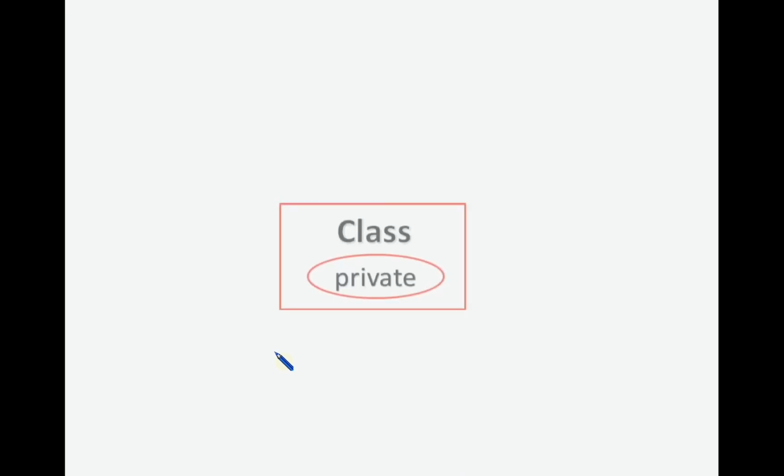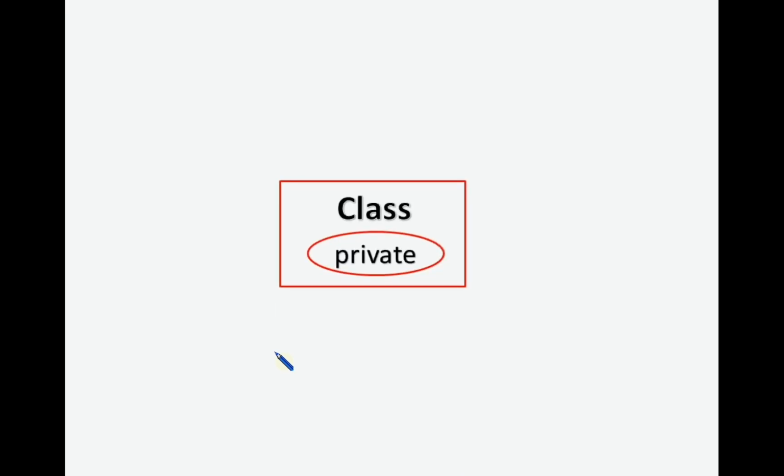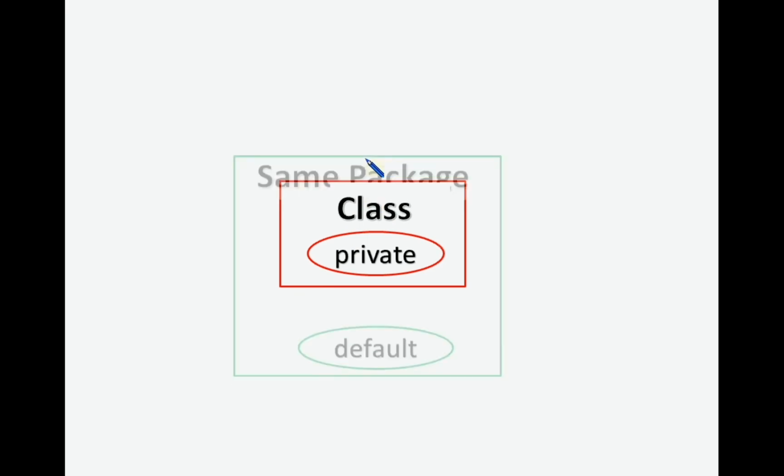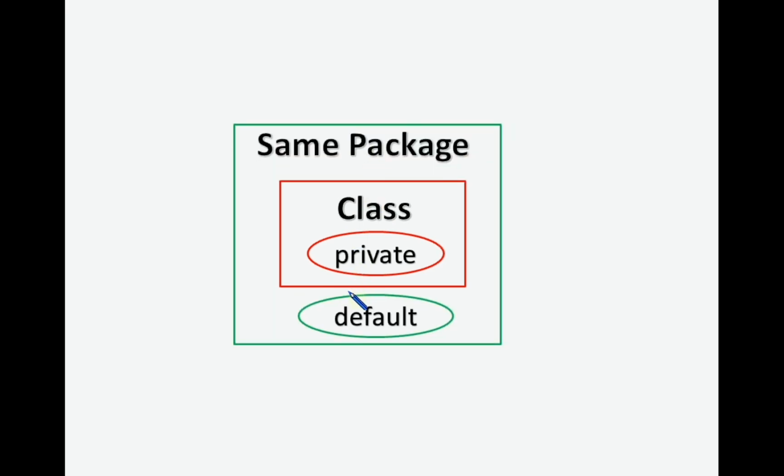See this diagram so that you can easily understand this concept. If it is private, it is accessible only within the class. If it is default, it is accessible within the package.